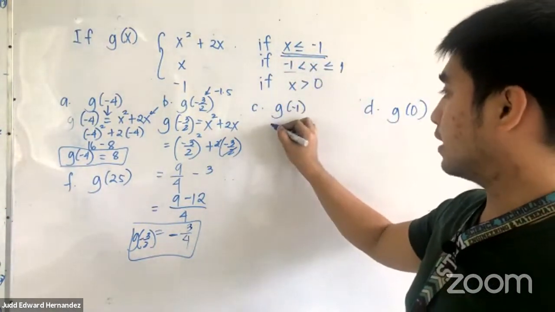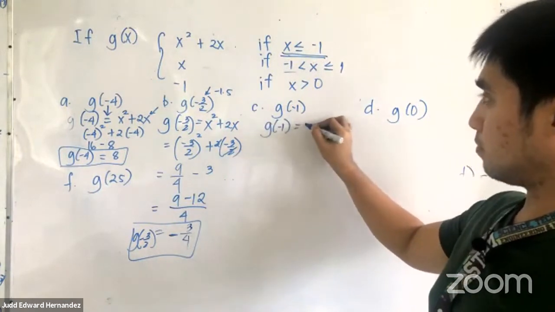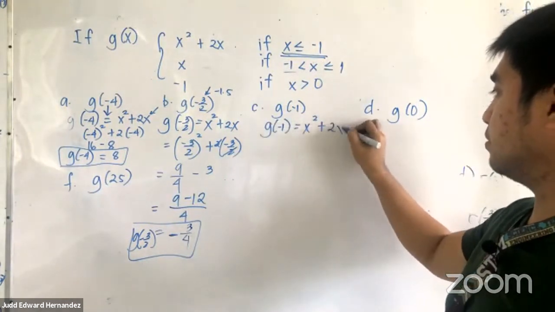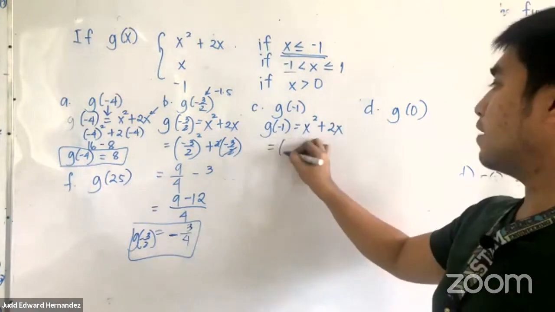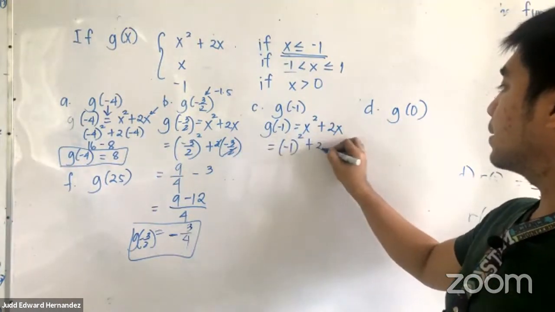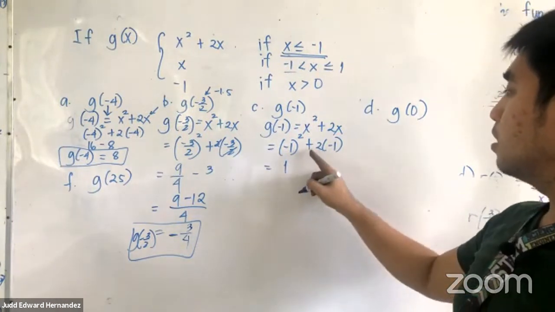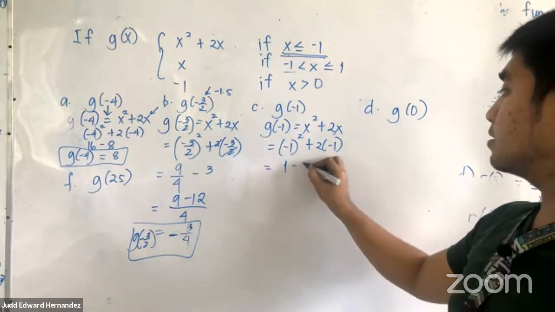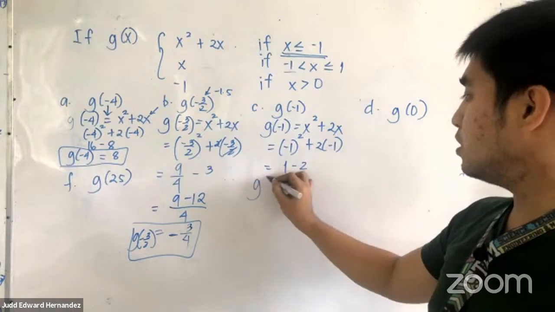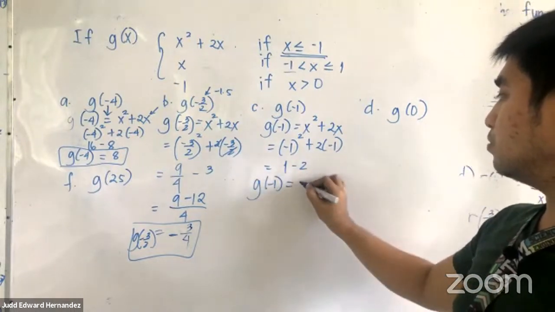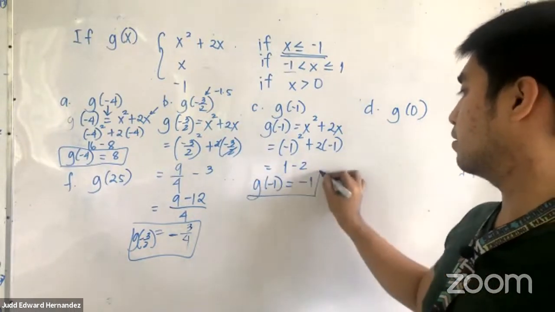So for g of negative 1, we'll be having x squared plus 2x, which is negative 1 squared plus 2 times negative 1. Negative 1 squared is positive 1, and positive 2 times negative 1 is negative 2. Therefore, g of negative 1 is equal to negative 1.